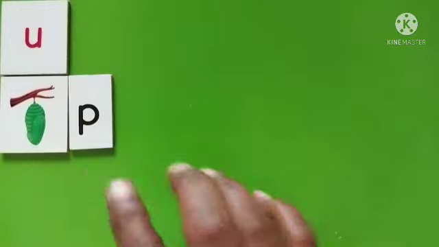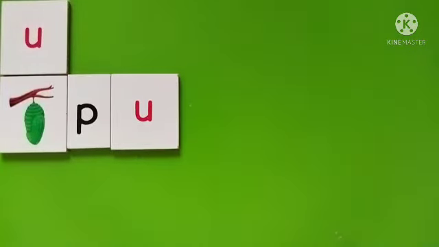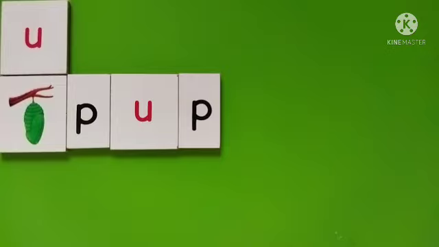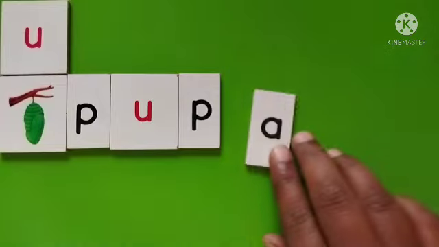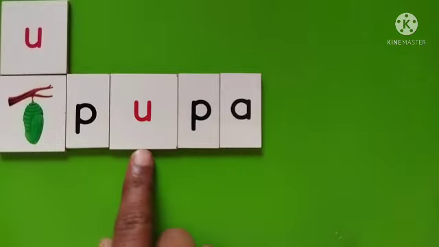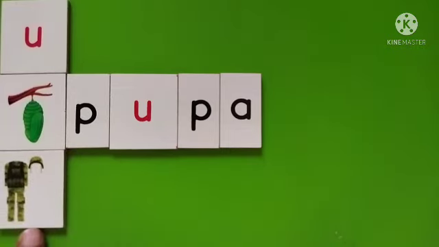Pupa. When I say pupa, the beginning sound that we listen to is P, then U, where I place letter U for the sound U. P, U, P, A. Here letter A takes the sound A. Pupa. Letter U takes the name of the letter itself as the sound. Uniform.